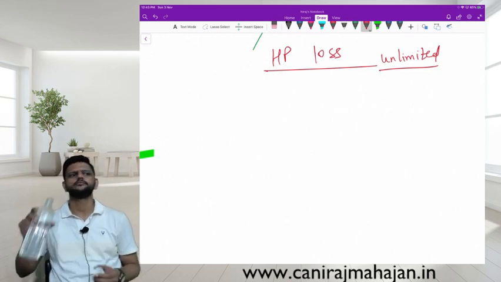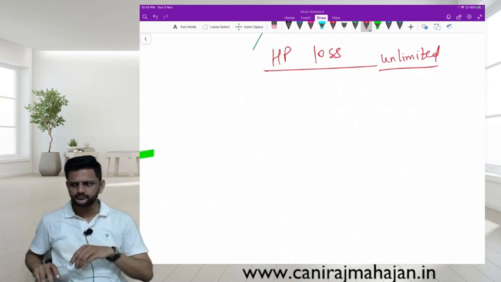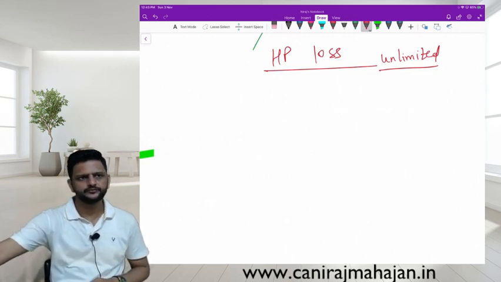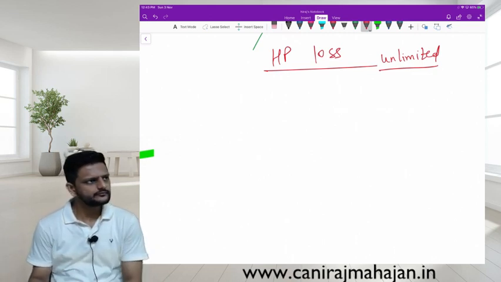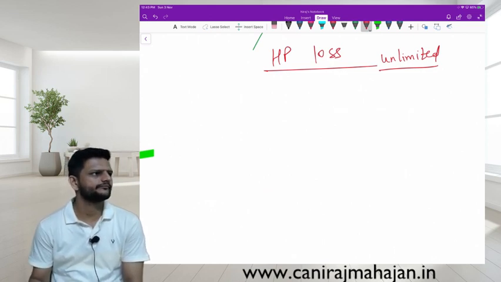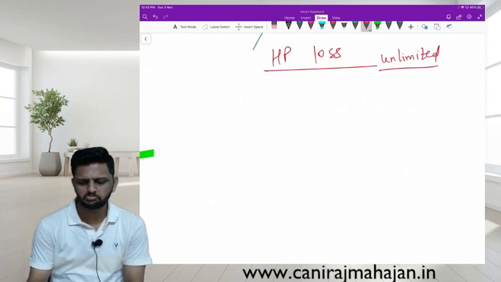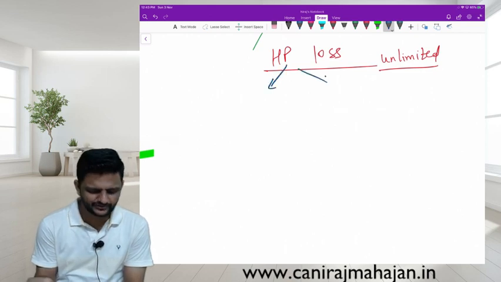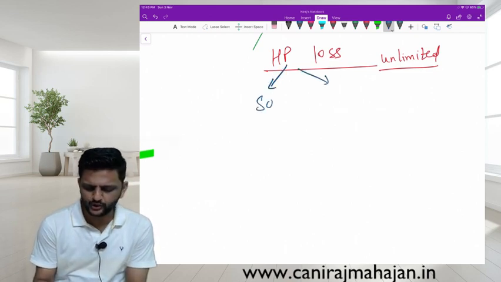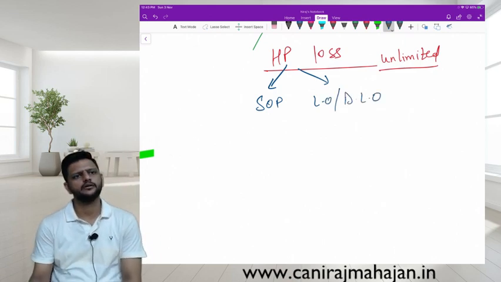SOP. HP has mainly 2 types, or 3 types, but still SOP or let out.